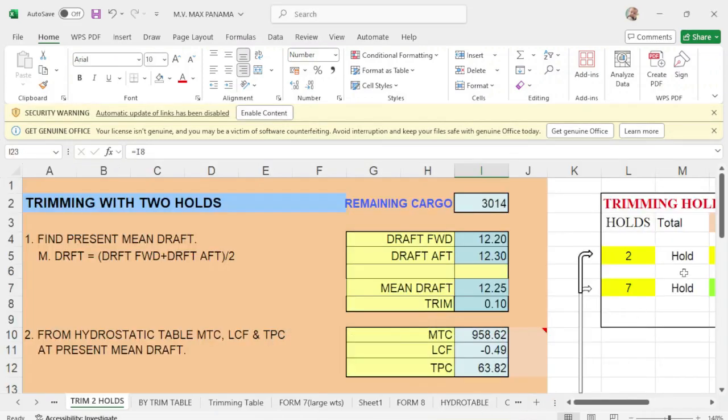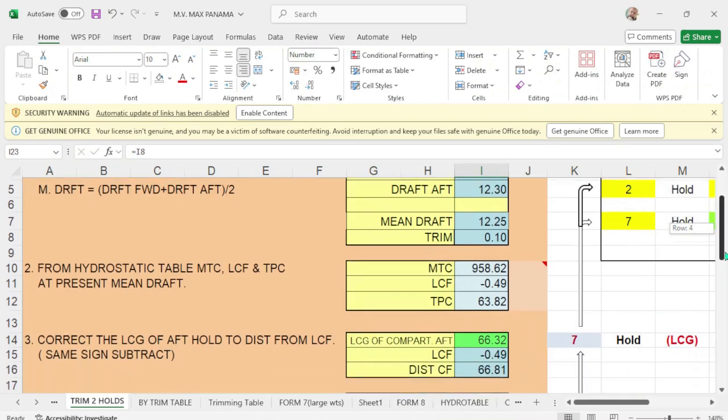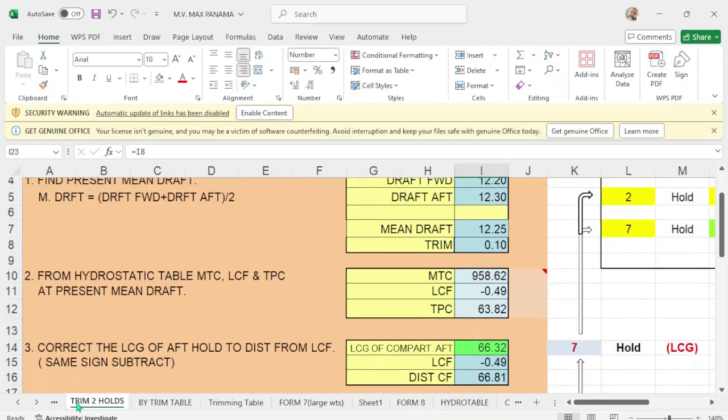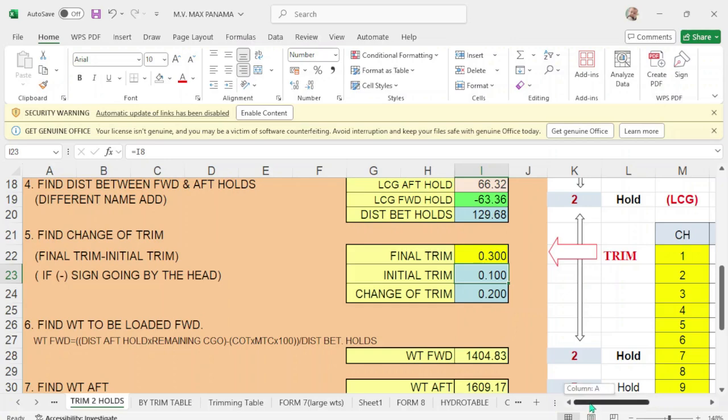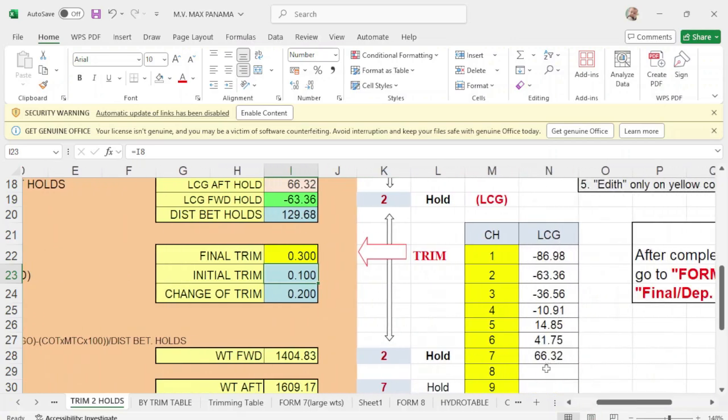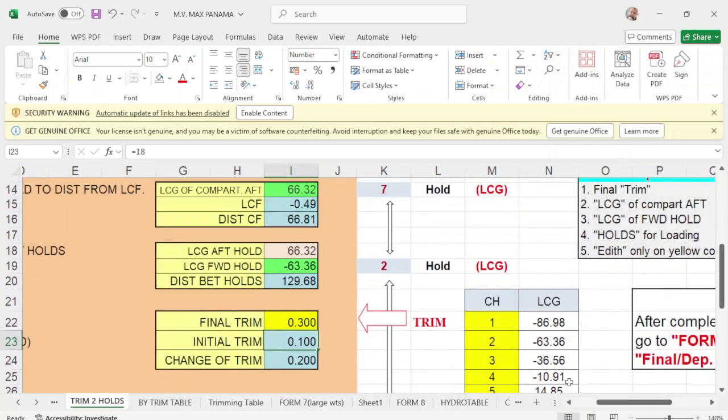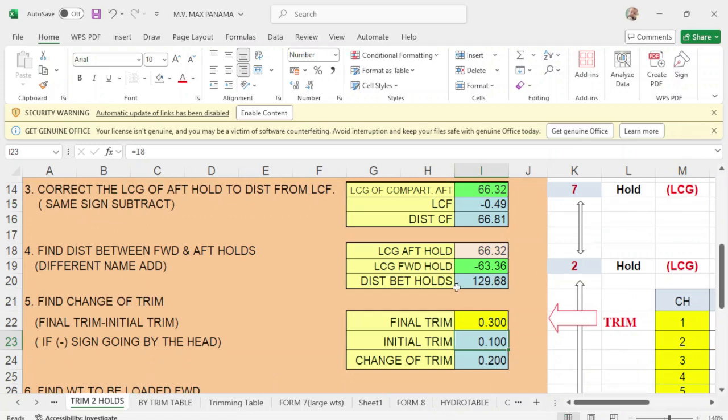It says here, same sign, subtract. LCG of hold number 7 is 66.32.